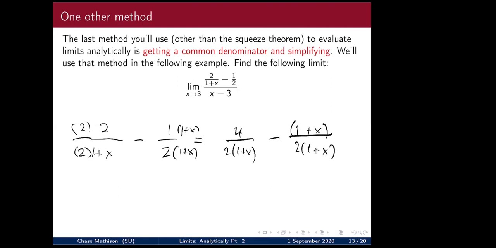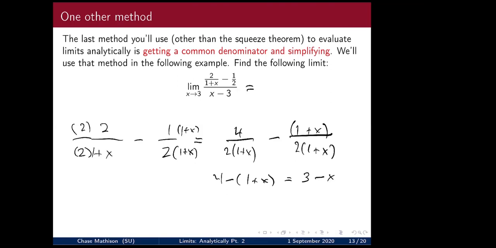So when we're looking at this limit up here, well, we just simplified that top part, right? There's one more step to do, I guess. The 4 minus 1 plus x is equal to 4 minus 1 is 3, and then distribute the negative to get 3 minus x.